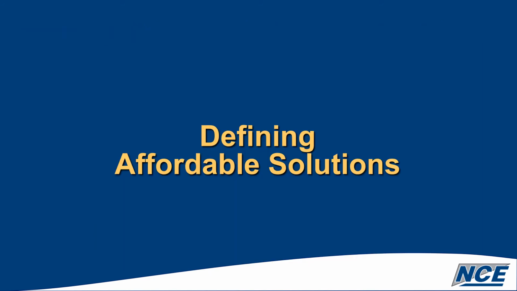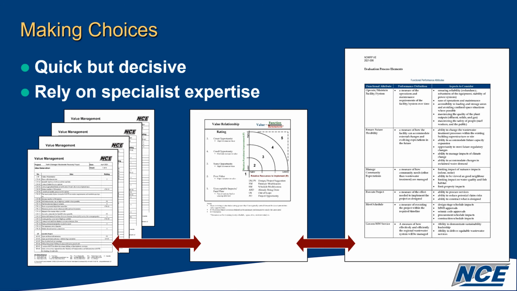There's another example. So when we get into defining affordable solutions, we start to think about the need to choose ideas, and you've got to make those decisions fairly quickly. But you have to be decisive. You have to rely on the expertise.